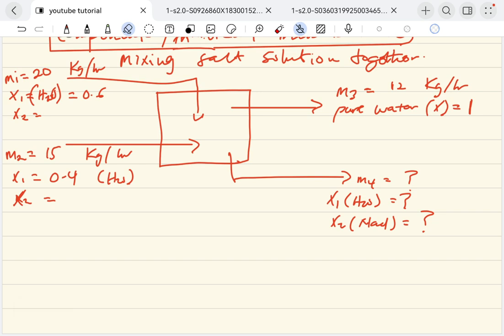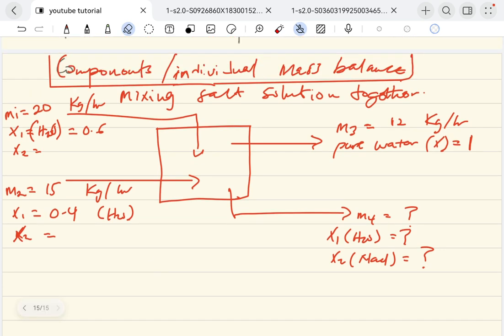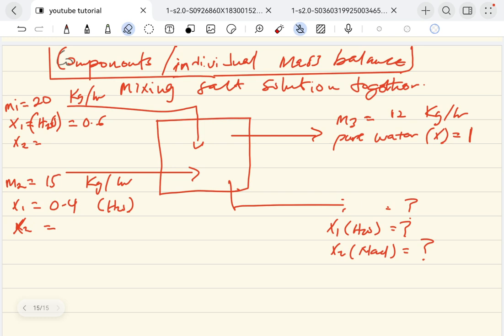The question would have been simple if we knew the value of M4. But because we don't know it, we have to use the principle of the total mass balance to calculate M4.